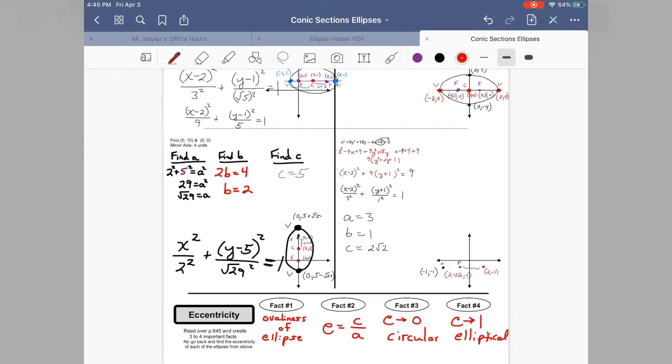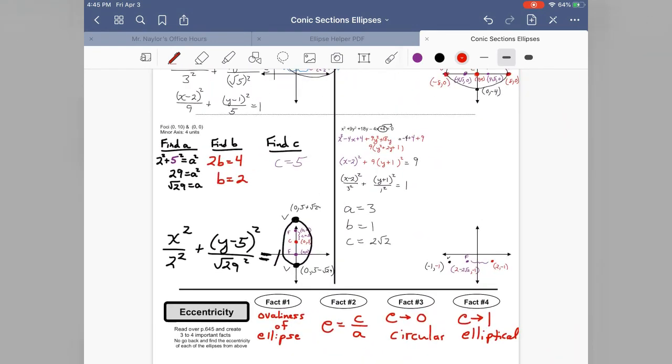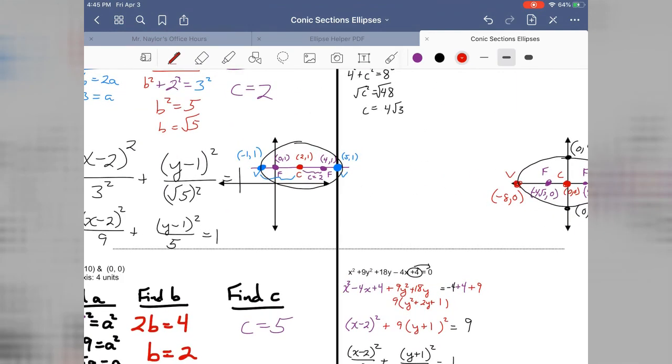So can we find the eccentricity of some of these examples? Sure. It's actually just as simple as dividing c and a. If we throw this in as a little extra thinker, I could say that my e for this problem, back to this first one, c over a is going to be 2 over 3.